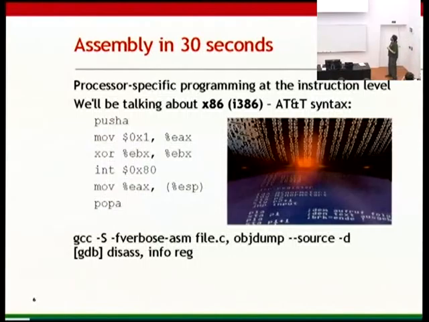Okay, the fourth line is kind of special because that makes a syscall. It triggers a software interrupt, and the kernel will catch that interrupt, and at that point your program will stop, and the kernel will take over and do whatever you want it to do.